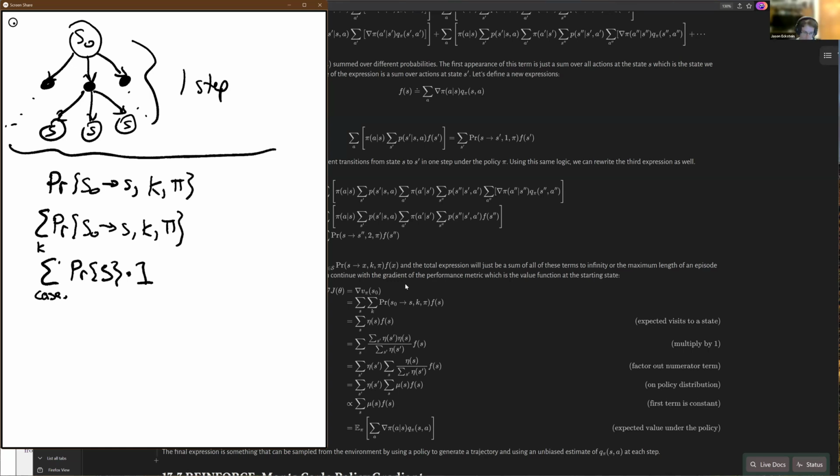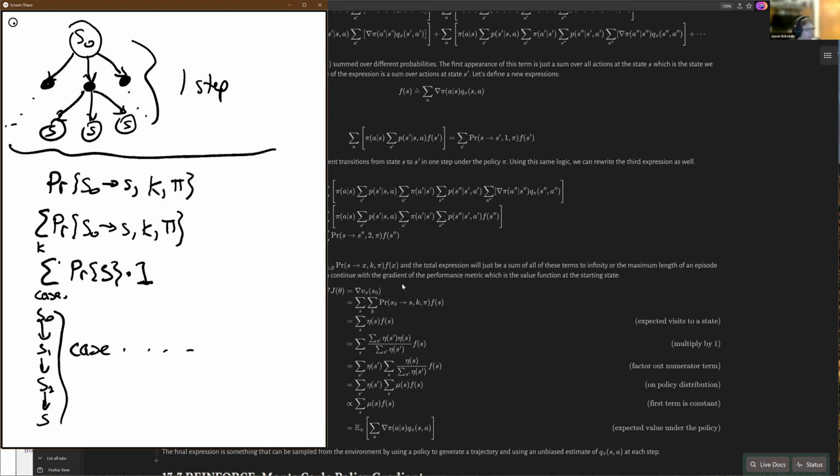But you can also think of this as just an expected value, where this is the expected visits to state S, or the expected number of times we find ourselves in state S. Because remember, we're weighting all these cases by 1, where 1 counts as 1 visit to state S. So if we have these different transition probabilities, chains of this, where we end up in state S after some number of steps, and then we expand this to all of the cases and weight them by 1.